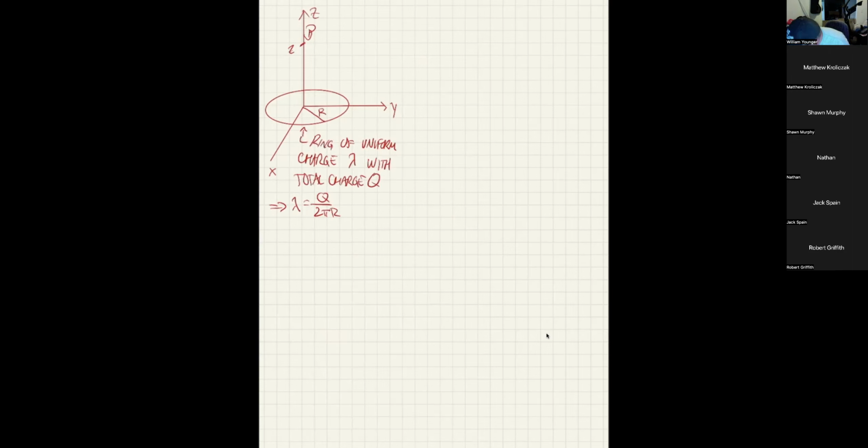No. Okay. So what I want to know is what is E at P? So first off, I've got to remember my formula says dE is equal to dQ over 4 pi epsilon naught times (rP minus r dQ) over the magnitude of (rP minus r dQ) cubed, times (rP minus r dQ).